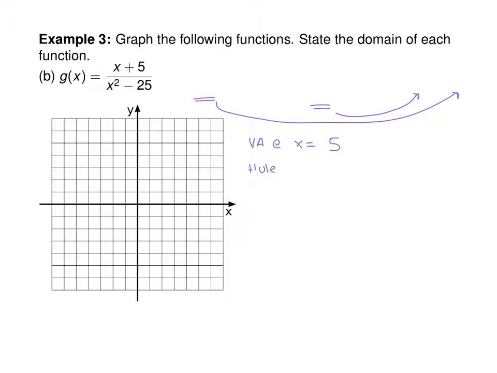Which number came from the factor that canceled? That was negative 5. So hole at x equals negative 5. I think it's helpful to just draw in 2 vertical lines at both of them and notate below them what they are. So there's a vertical asymptote. Here is a hole.